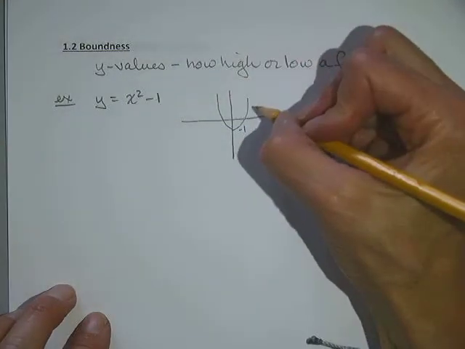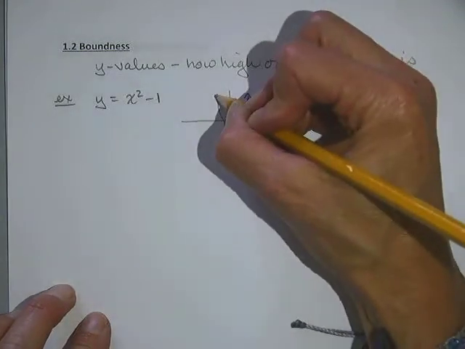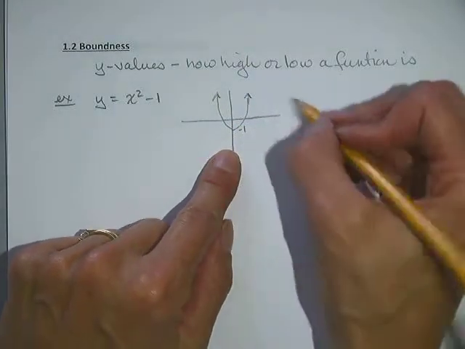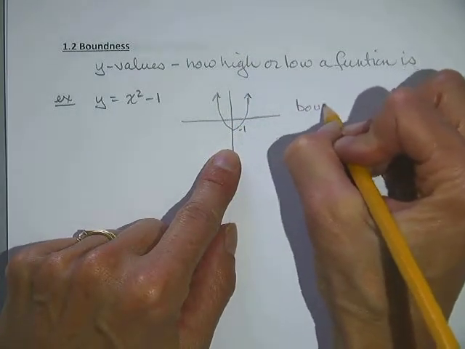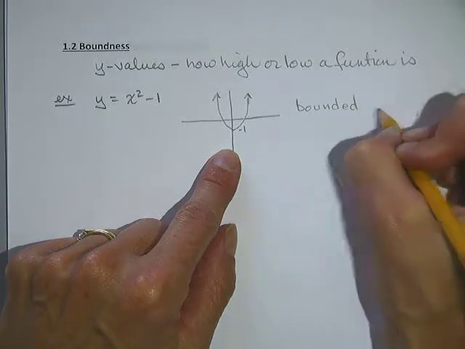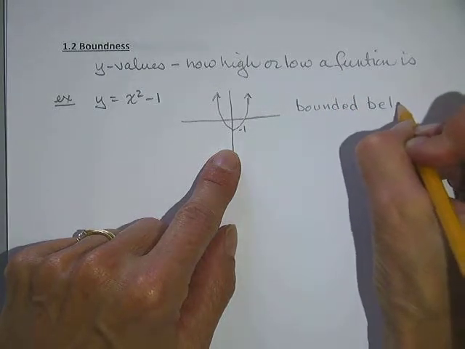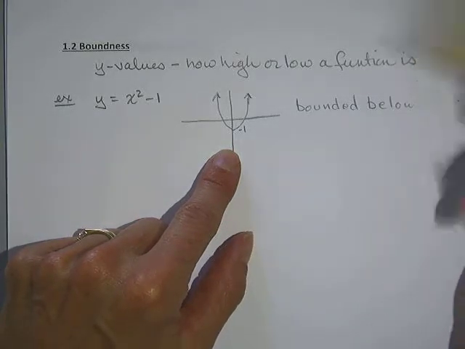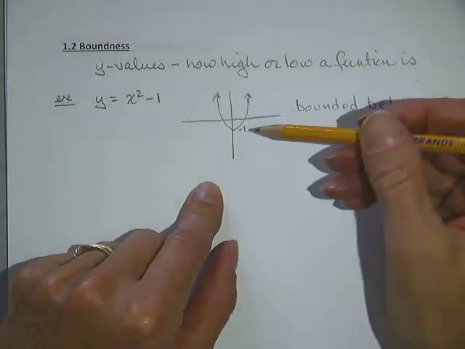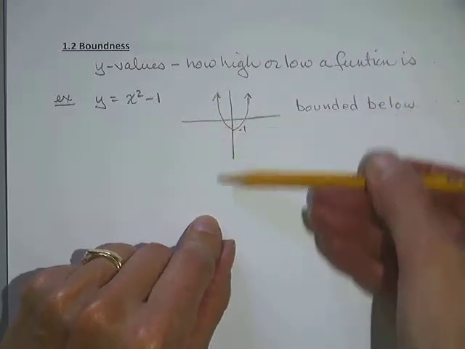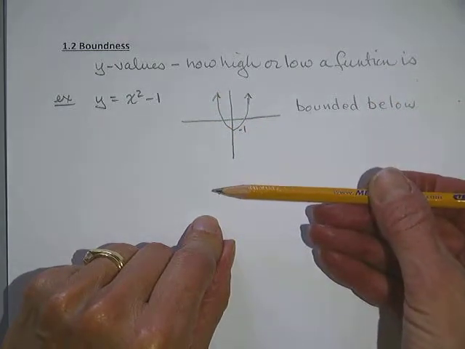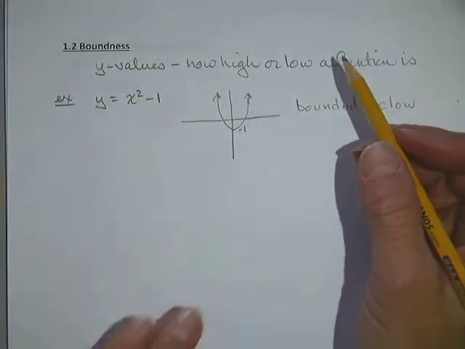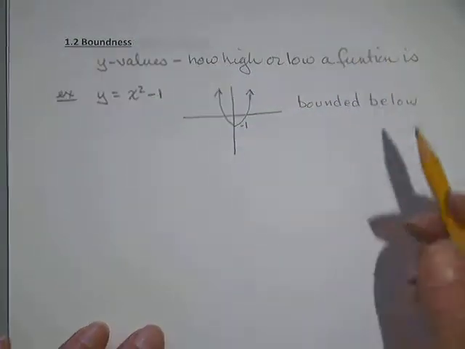Now, because this function continues on into infinity for y values, we say that this particular function is bounded below. That's all you need to say. It means that it stops and does not go to negative infinity. It reaches a bottom point.